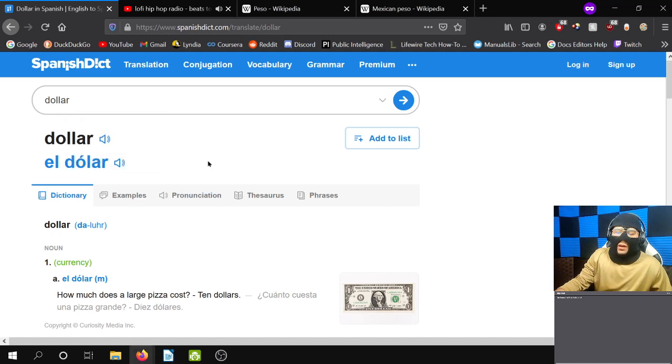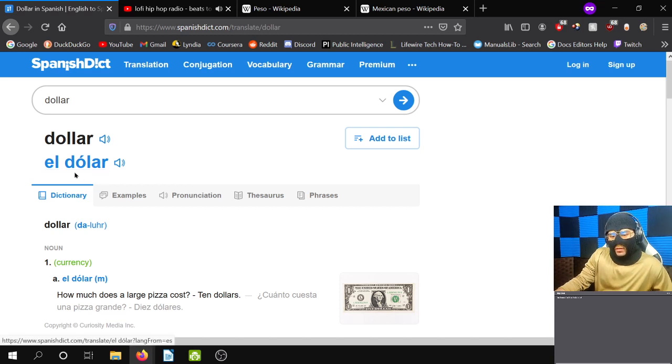But yeah, dólar. It's not dollar, it's dólar. So chunking dólar, I'll chunk it into two. So the first one would be DO, remember the accent on the O, and the last chunk will be LAR, so 2 and then 3.